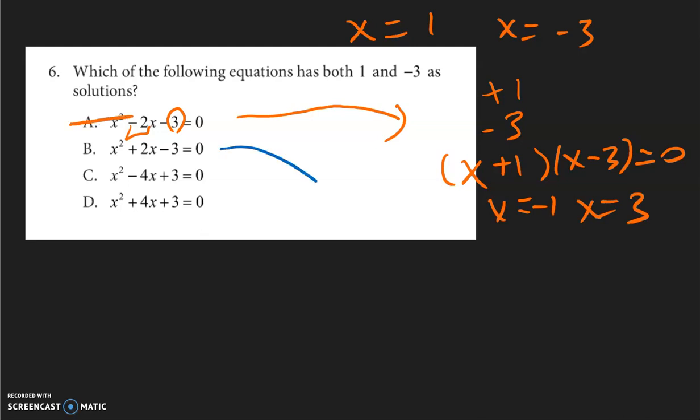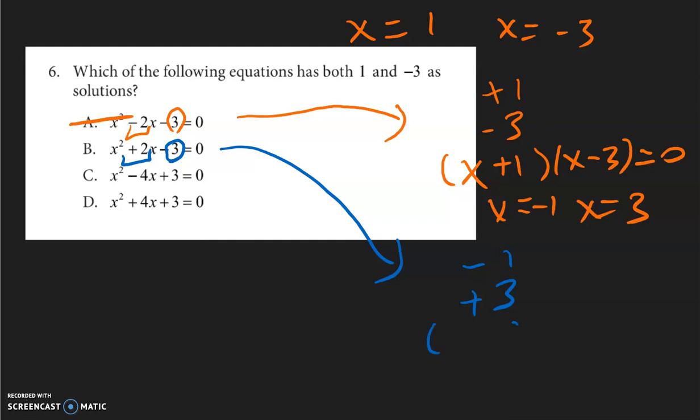Now let's try answer choice B. So to get 3, we know we need to do 1 times 3. And then we're trying to get a positive 2 this time. So that means the bigger number, 3, needs to be positive. Well, to get to 2, we need to go 3 minus 1. That's 2, because 3 plus 1 will give you 4.